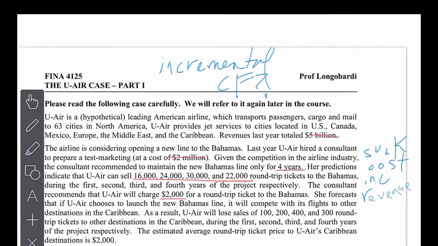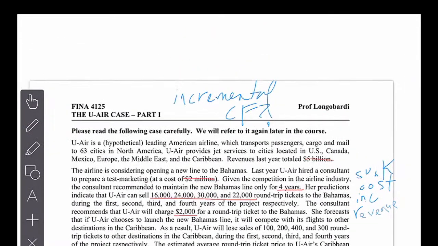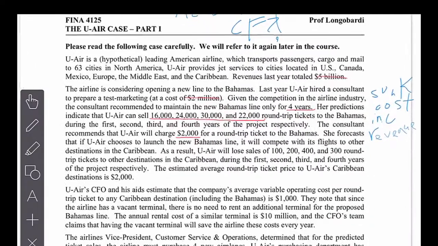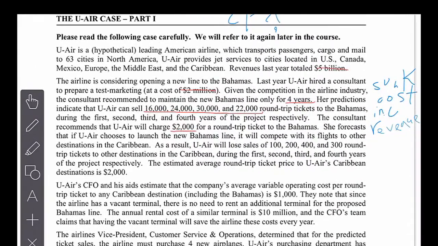Got it? The number of tickets times the price per ticket will make an incremental revenue.